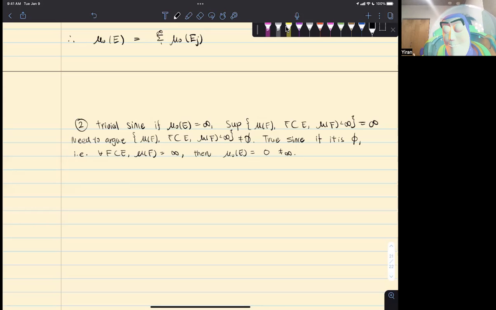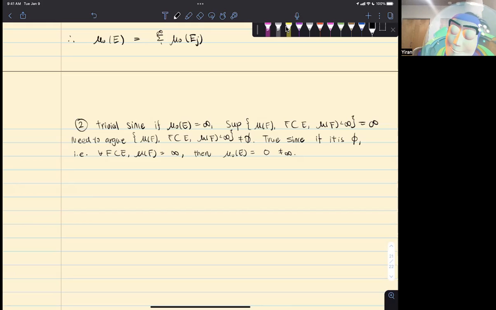Because we want to show there exists such F in this collection that the measure of F is greater than 0, to prove by contradiction, or you can prove using contrapositive, I think either one works.